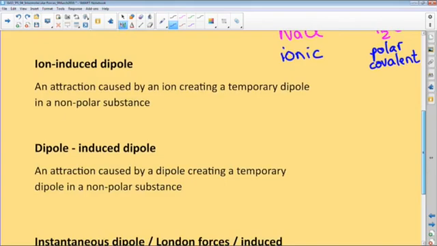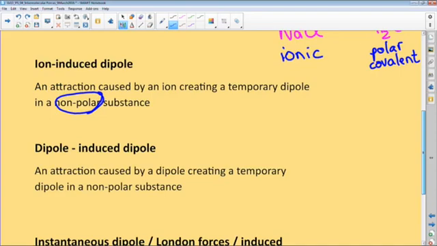Now, ion-induced dipole. What is an ion-induced dipole? This is an attraction caused by an ion creating a temporary dipole in a non-polar substance. Our non-polar substance, in this case, could be oil of some sort.